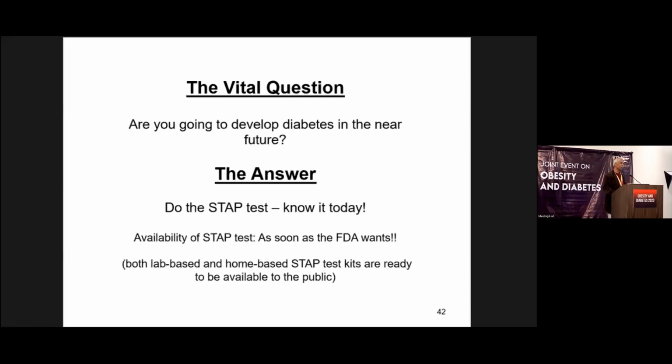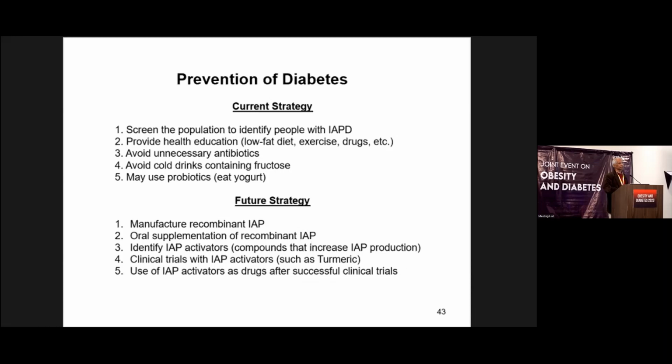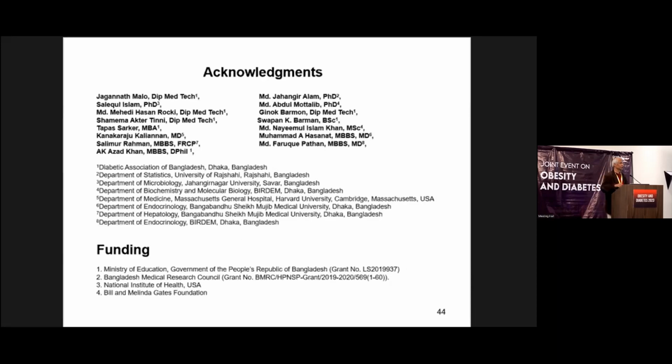Why is it very important? There is a lab-based test and a home-based test. The home-based test takes 3 minutes and is a stool test, because the enzyme is not present that much in the circulation. You can immediately tell in 3 minutes if you are going to develop diabetes.